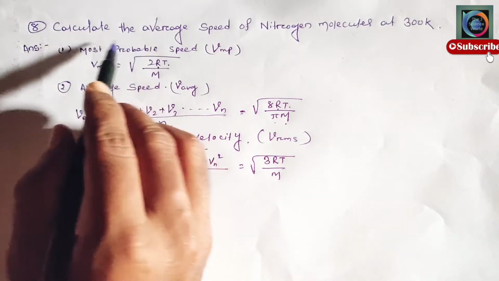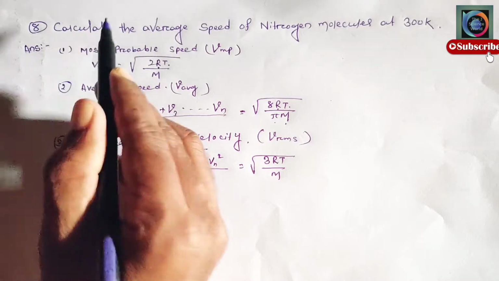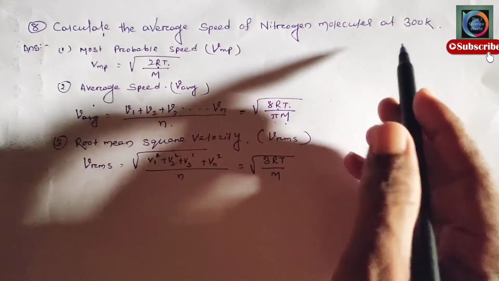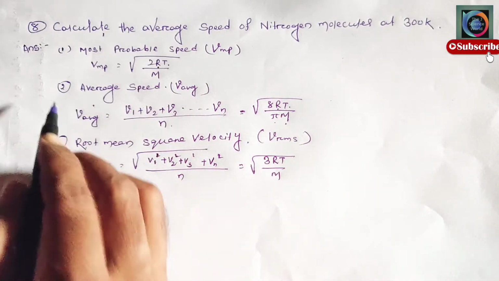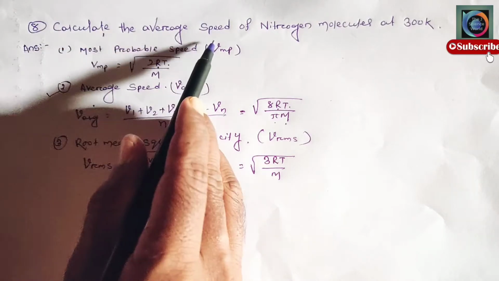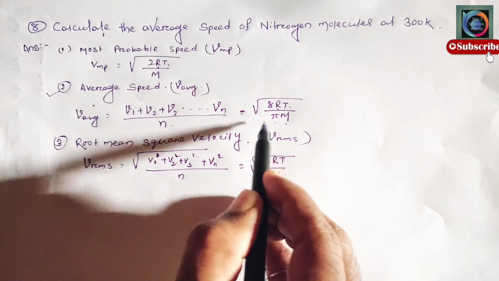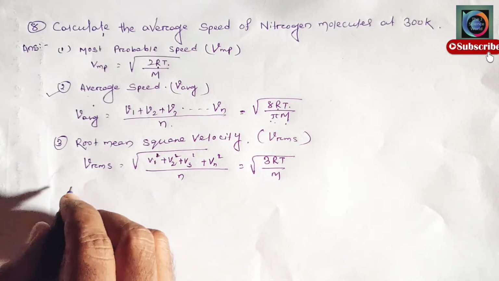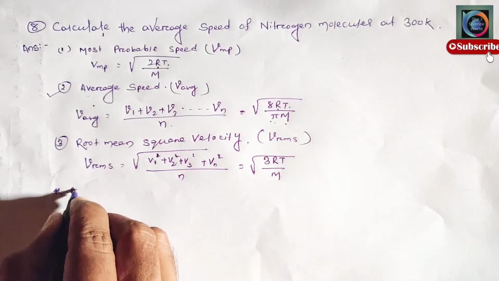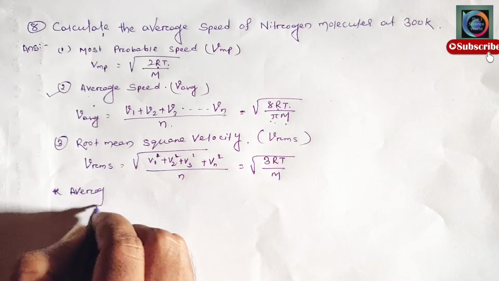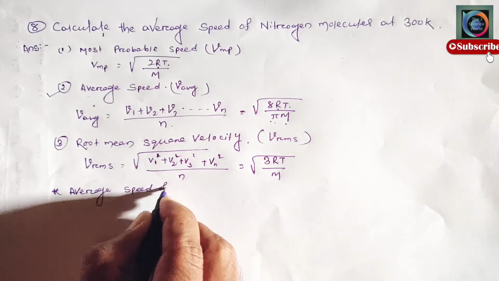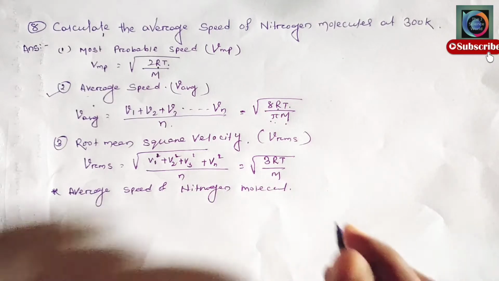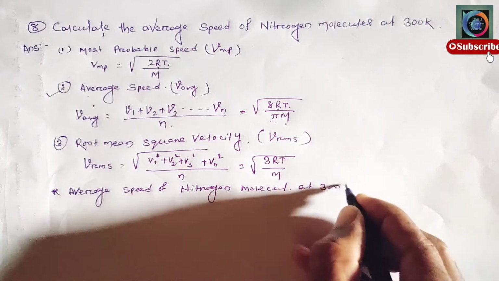But in this particular question, calculate the average speed of nitrogen molecule at 300 Kelvin, that is our room temperature. In this question they asked average speed, so we put this mathematical expression. The average speed of nitrogen molecules at temperature 300 Kelvin.